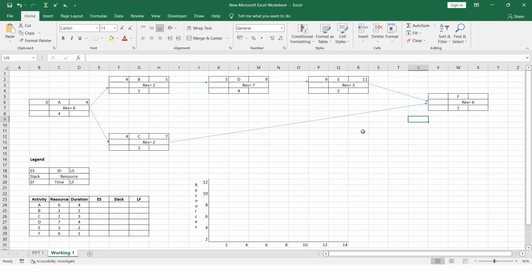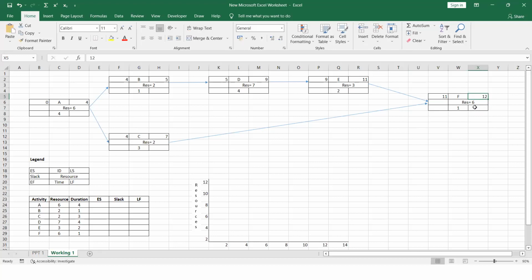That means as we are doing a forward pass calculation, you have to take the highest value. So between 11 and 7, the highest value is 11. To that 11, you have to add 1 and you get 12. So the duration for completing this project is 12.